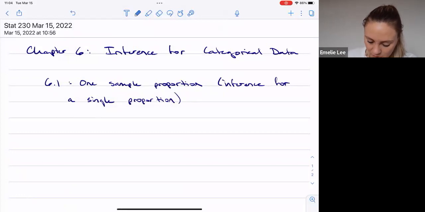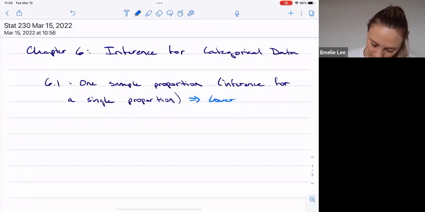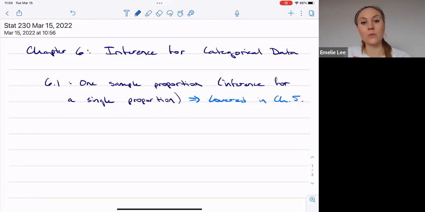We saw most of this covered in chapter 5. We used it to introduce these ideas of confidence intervals and hypothesis testing. So for that reason, I'm going to use this section to introduce a fun calculation where we can calculate the sample size that we would need for a study.